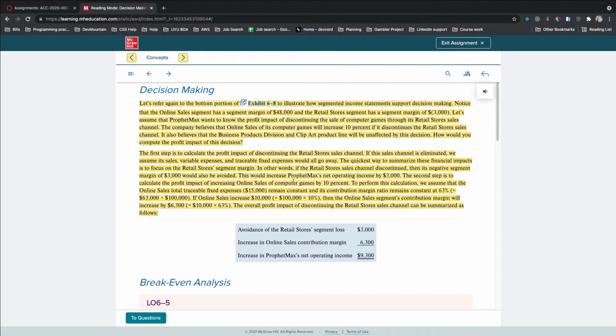This would increase Profit Max's net operating income by 3,000. The second step is to calculate the profit impact of increasing online sales of the computer game by 10%. To perform this calculation, we assume that the online sales total traceable fixed expenses, 15,000, remain constant, and its contribution margin ratio remains constant at 63%, which we find by dividing 63 by 100,000.